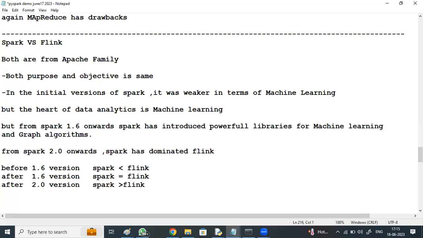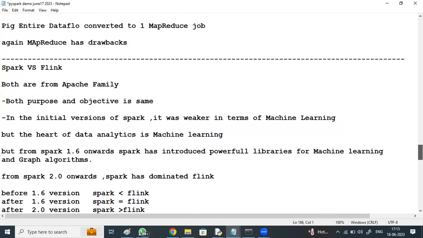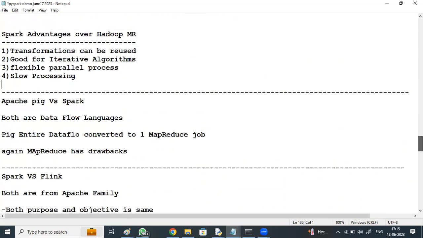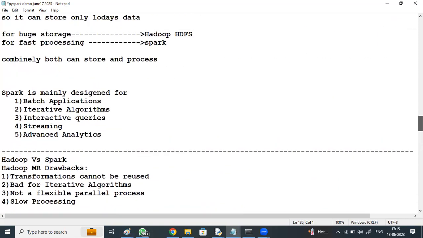So this is Spark's comparison with other technologies. Spark advantages and Spark features: transformations can be reused, good for iterative algorithms, flexible parallel processing, fast processing. Spark and Flink, Pig and Spark, Spark advantages over Hadoop MR, what Spark is mainly designed for.